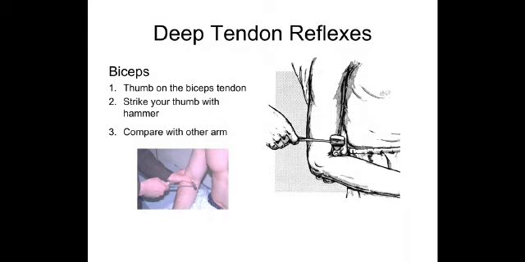Grade 1 is present but diminished, as in a normal ankle jerk. Grading can always be learned after performing the reflexes, because you want to understand what grade 1 is. Grade 2 is brisk, as in a normal knee jerk. Grade 3 is very brisk or hyperactive. Grade 4 is clonus.